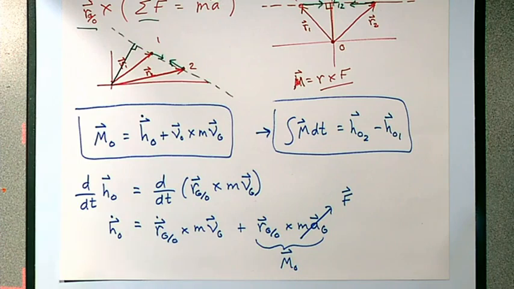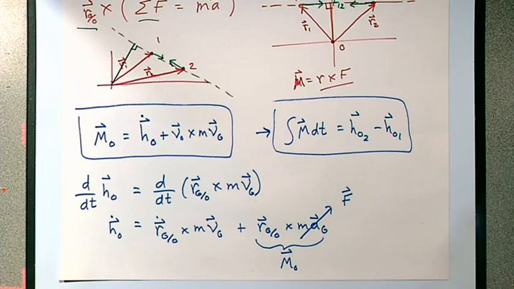So if I expand this, I would have r dot from O to G, which is this, crossed with mass times the velocity of G. I do the cross product of G with itself, I would get v of G crossed m v of G. Something crossed with itself does go to 0. No lies there.